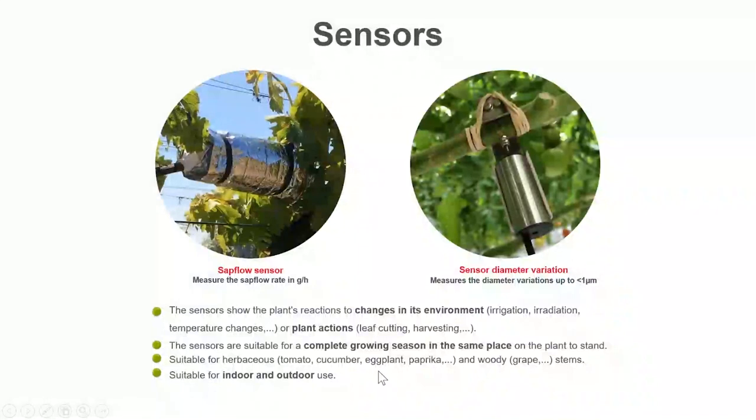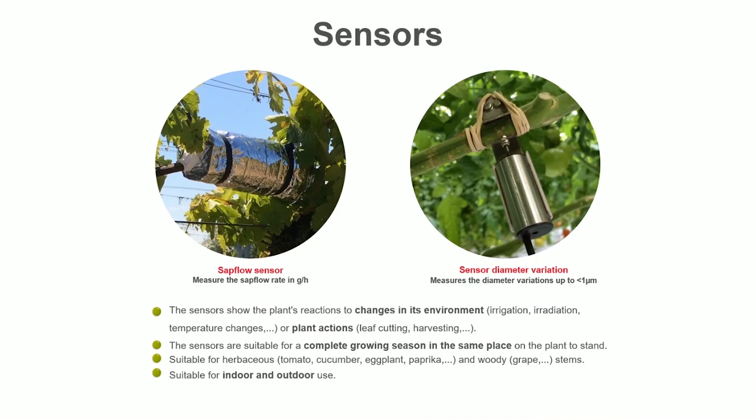Generally, we have an idea, okay, a plant between 5, maybe 4, and 20 millimeters thickness in stem diameter is measurable by our sensors. This is a sort of general rule. However, there are outliers that we've tried before and they work as well, but it all depends on the plant itself.